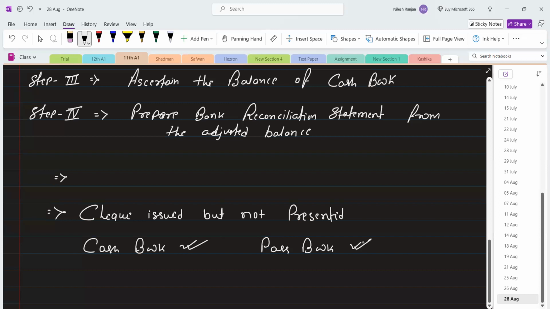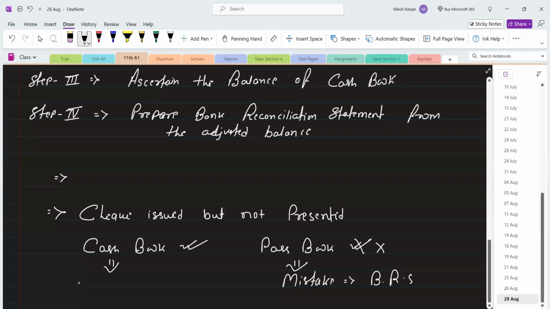So you can say it is a mistake of passbook. All the passbook mistakes will go in bank reconciliation statement.